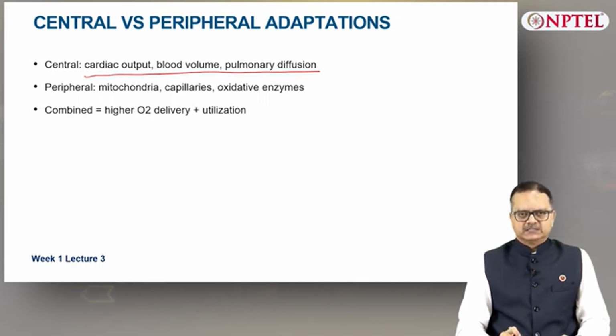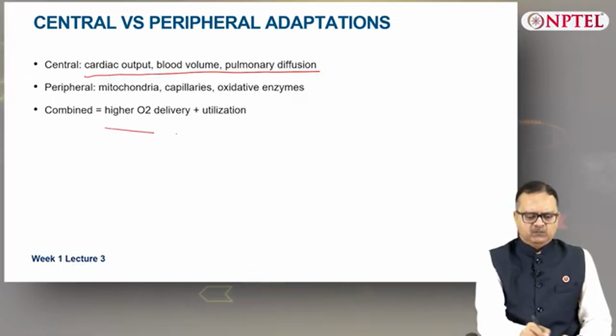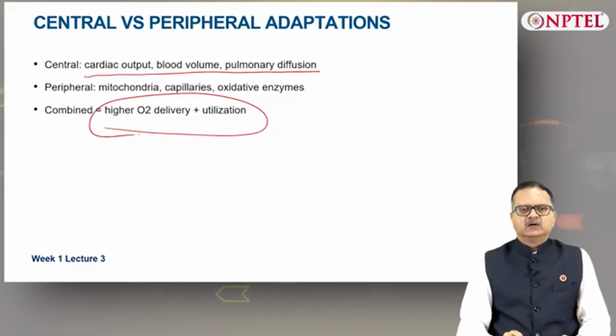In the peripheral adaptations, you have an increase in the number of mitochondria, increase in the number and size of capillaries, and increase in oxidative enzymes. And all this combined will result in higher oxygen delivery and utilization.